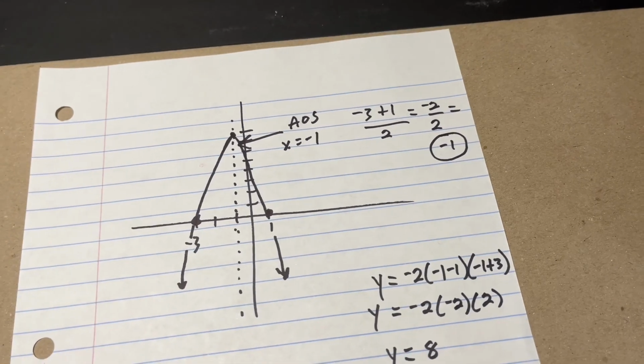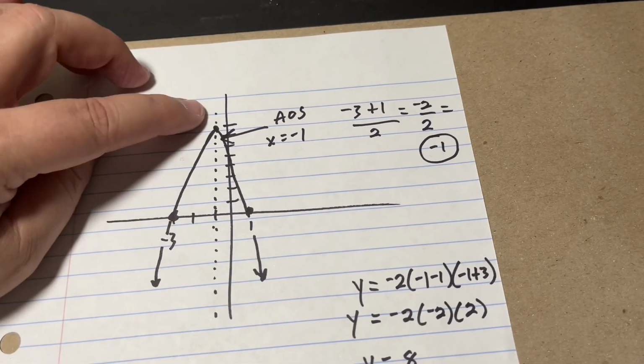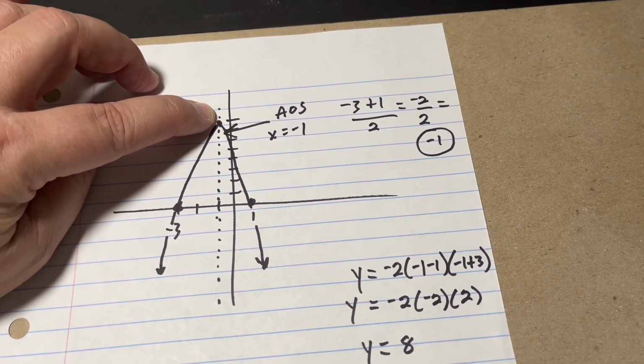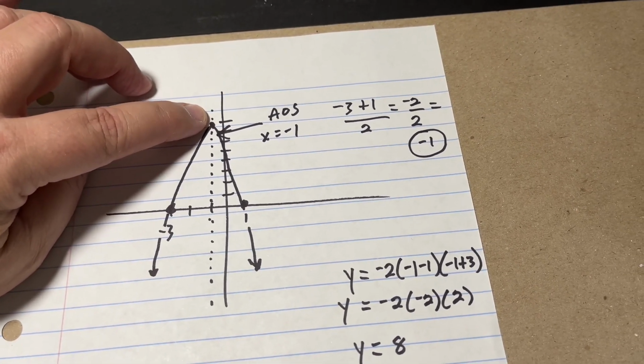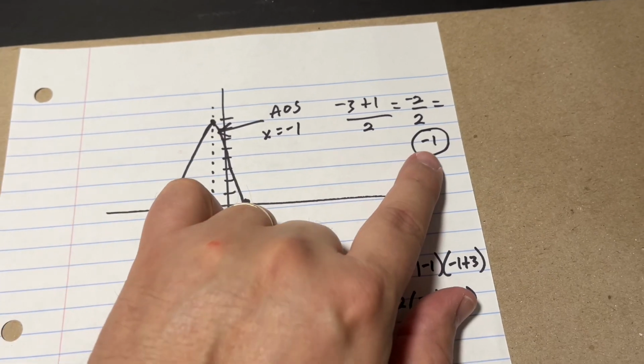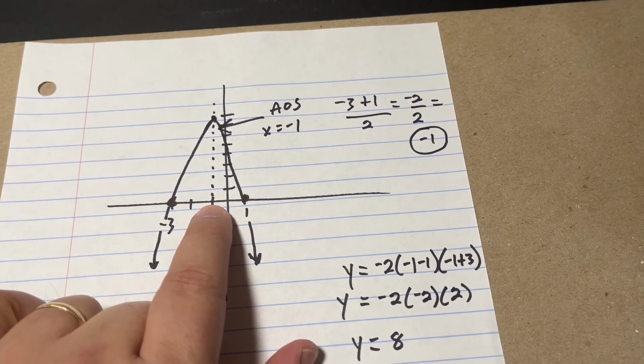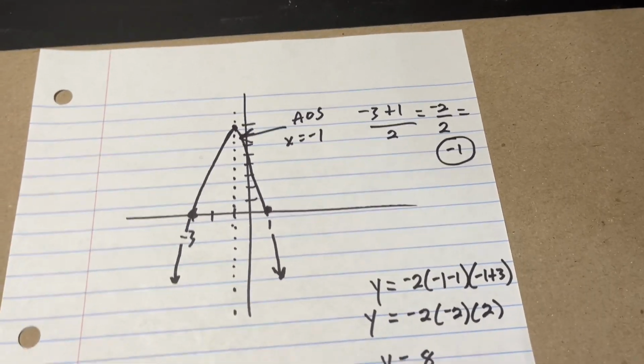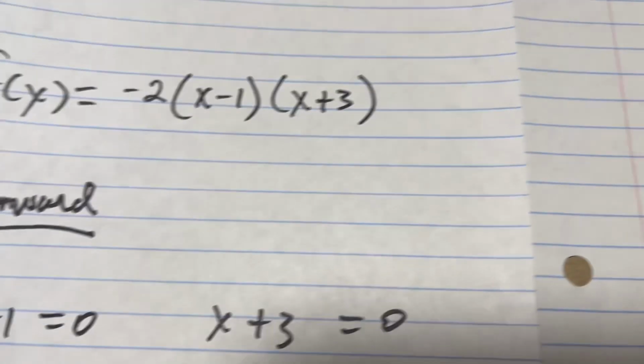And then what I do is I need to find this vertex point. So the vertex is going to be what y is when you substitute -1. In other words, you substitute this x value into the original equation. So the original equation was that.